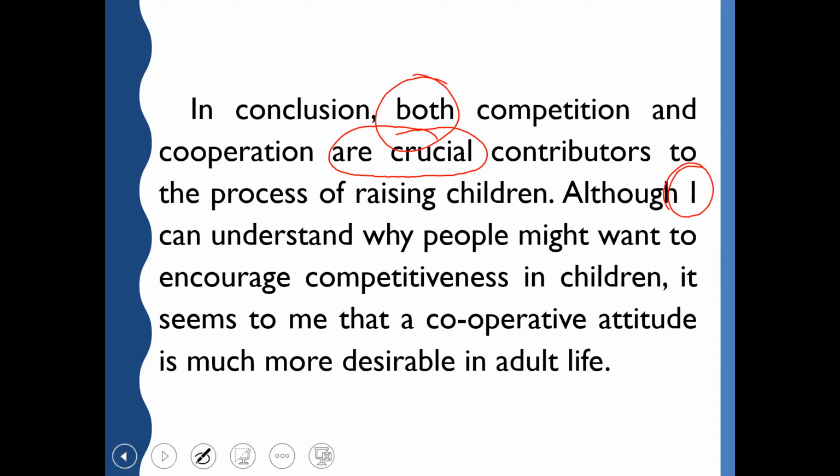Although I can understand why people might want to encourage competitiveness in children, it seems to me that a cooperative attitude is more desirable in adult life.